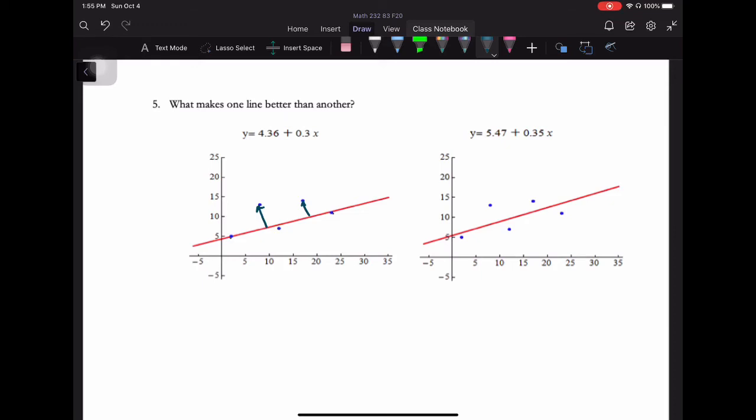On the second line, we've got smaller distances overall. So I would say that this line is better because the data is all closer to it. The line is closer to the 5 points rather than close to 3 and far away from 2. So it summarizes the pattern better. This is the better line.